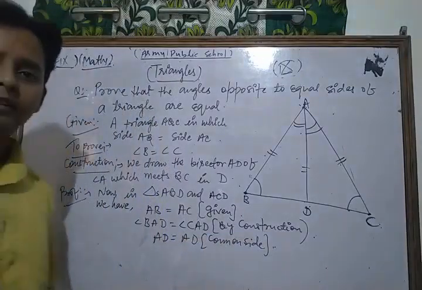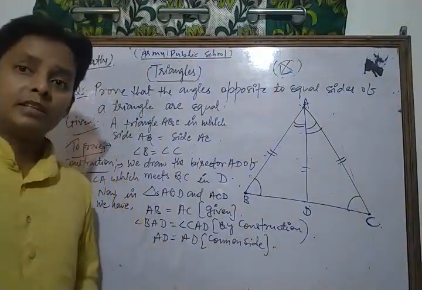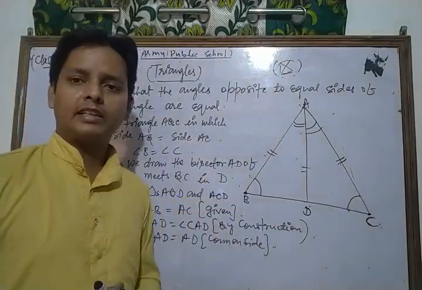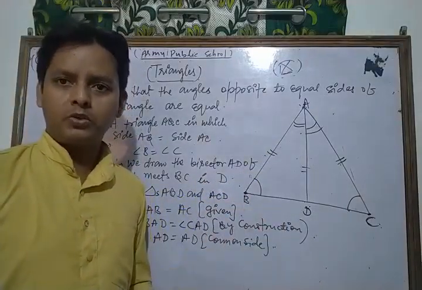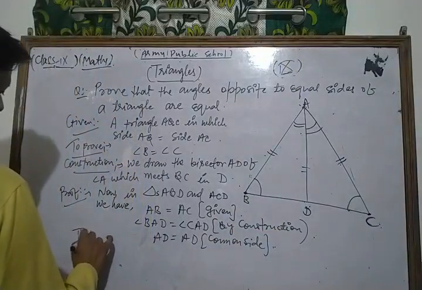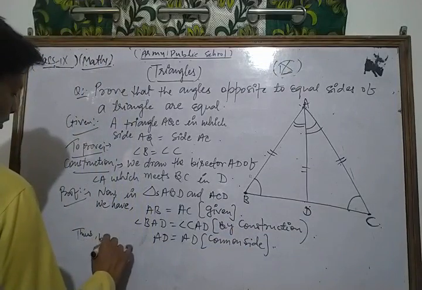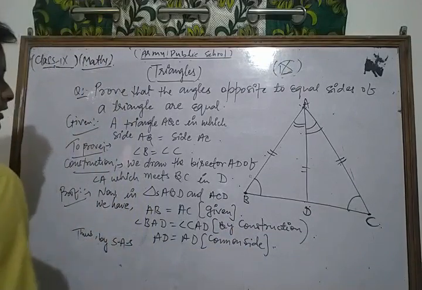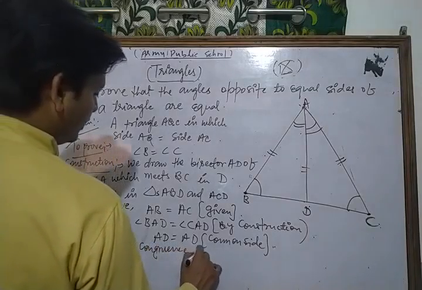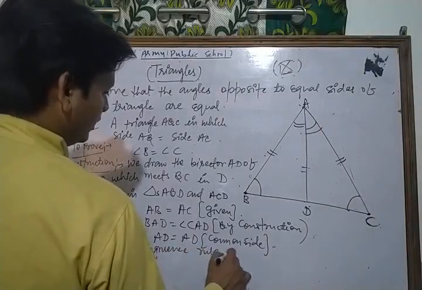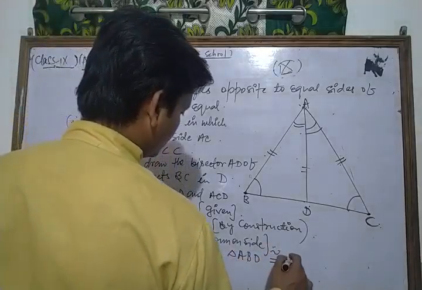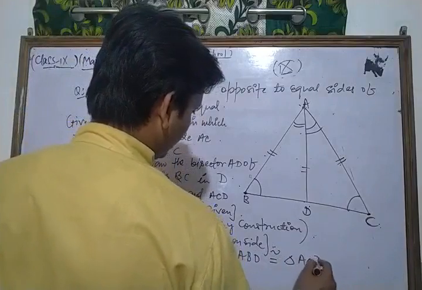Thus, by the SAS congruence criterion, because two corresponding sides and the angle included between them are equal to each other, triangle ABD is congruent to triangle ACD.